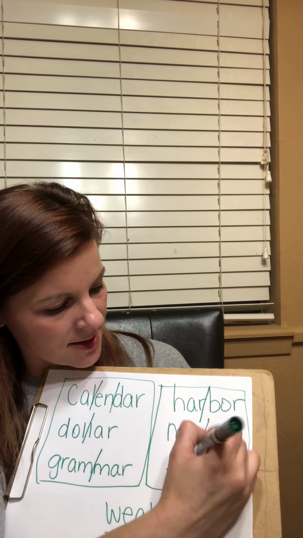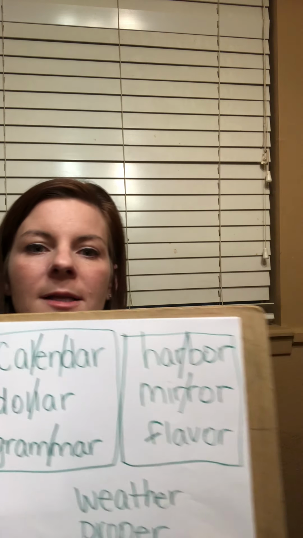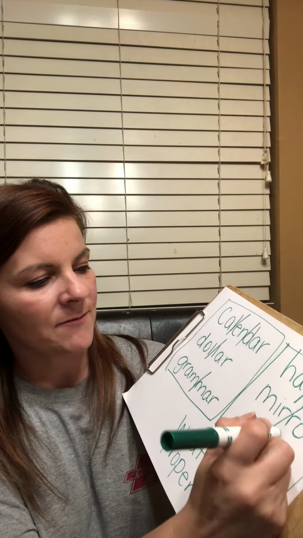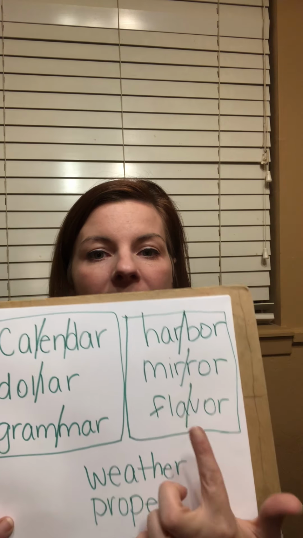Again, between the two consonants, mirror. And this one is a little bit different. This one, we don't have two consonants, do we? It's actually going to be after that vowel in flavor. And it makes that first syllable an open syllable because it ends with that vowel. So that makes that A long. That's why we hear flavor.